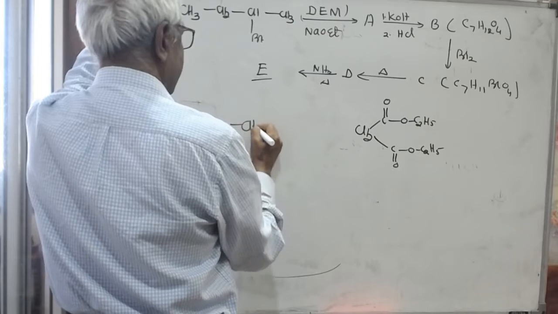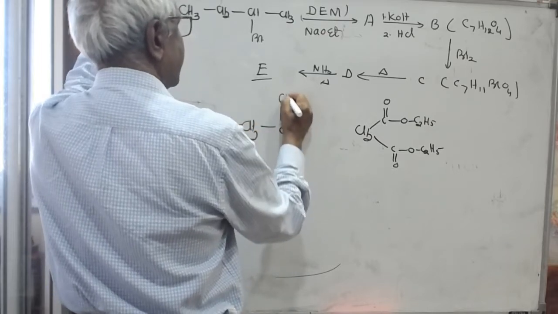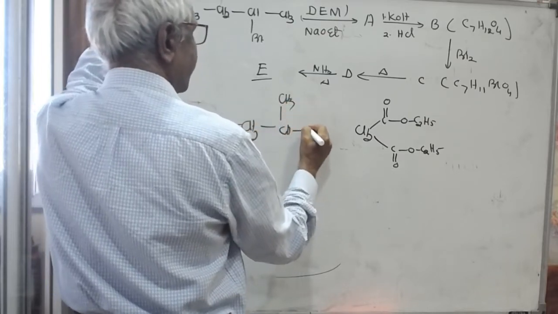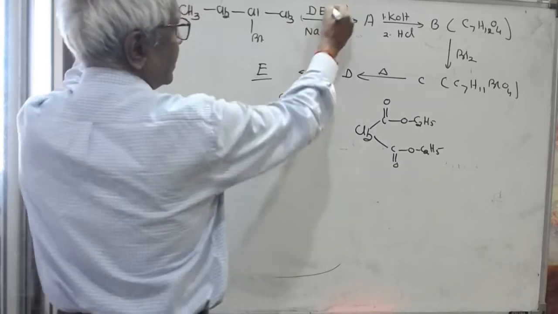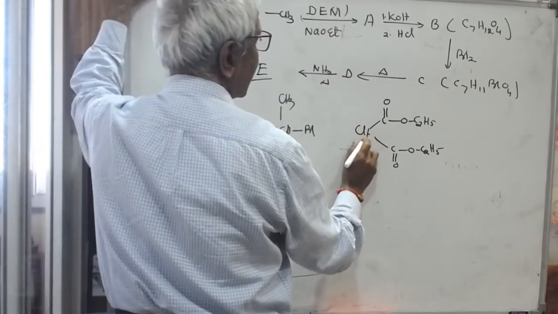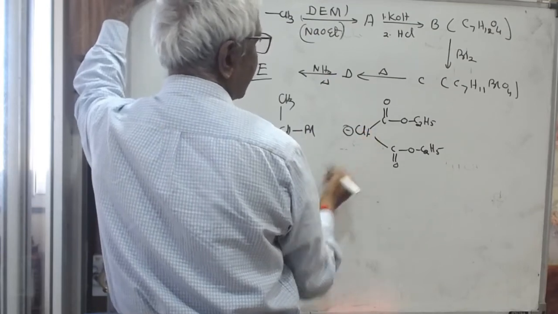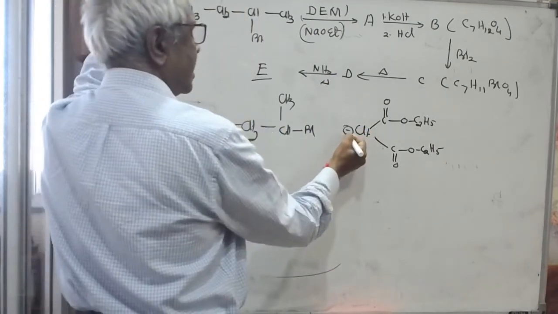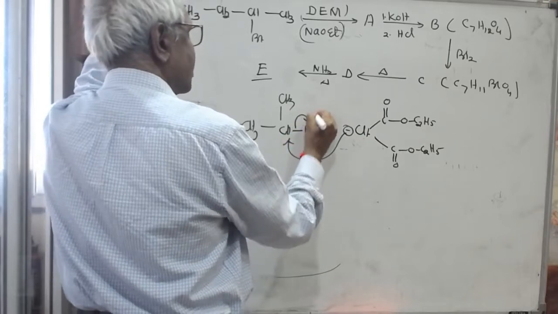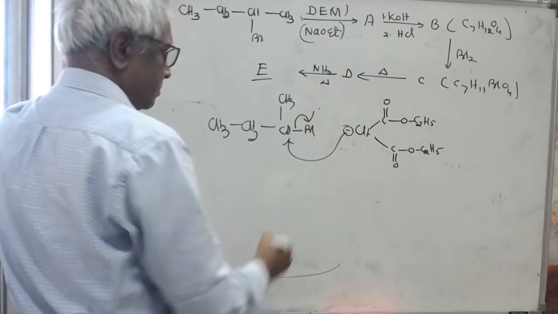And what else has he taken? CH3CH2CHBrCH3 plus DEM. DEM on reaction with sodium ethoxide, a reactive methylene, a negative charge will develop, and that negative charge will react here and bromide goes out. So what will form?